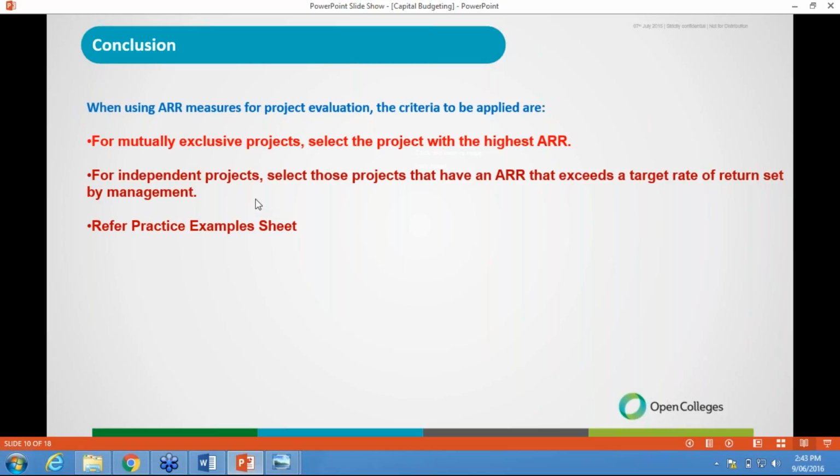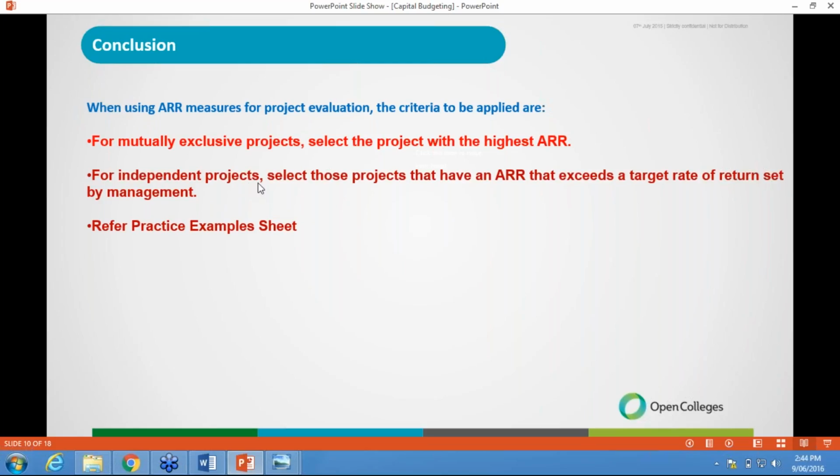But if there is an independent project, for example, my predetermined rate is 25%. I have planned that I will go only for those projects which will give me more than 25%. I have calculated the prospective ARR of my machine, and if it gives 30%, of course, it's more than your predetermined rate, then we will accept this. Otherwise, we will reject it.